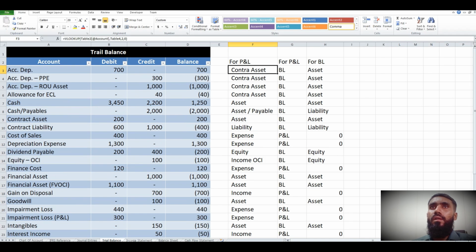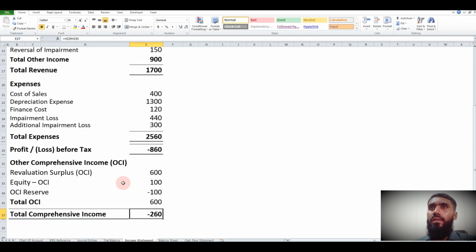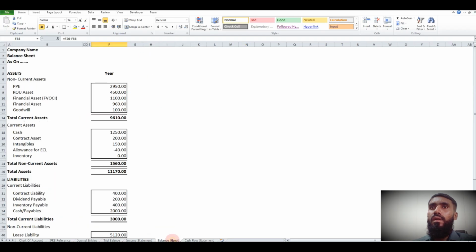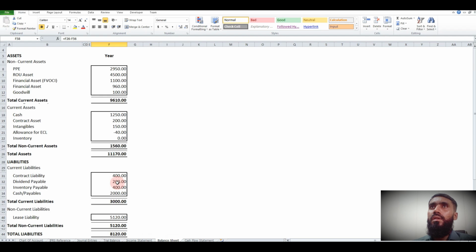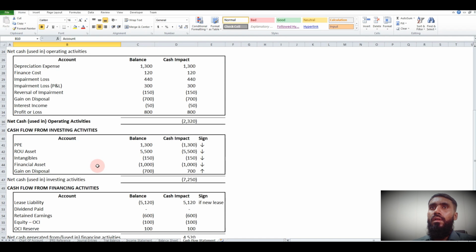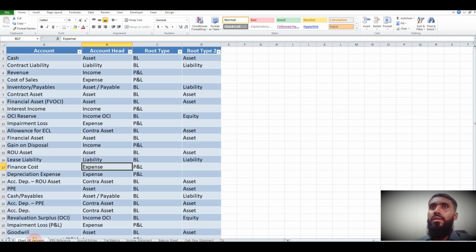Here are the journal entries, trial balance, income statement, balance sheet, cash flow, and this is the chart of accounts. So let's begin, guys. I'm going to start.